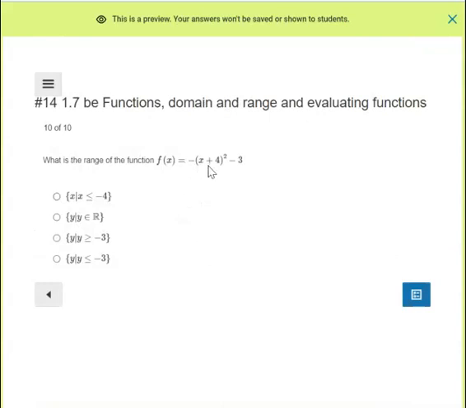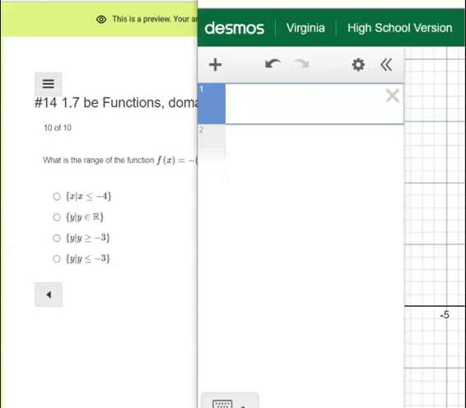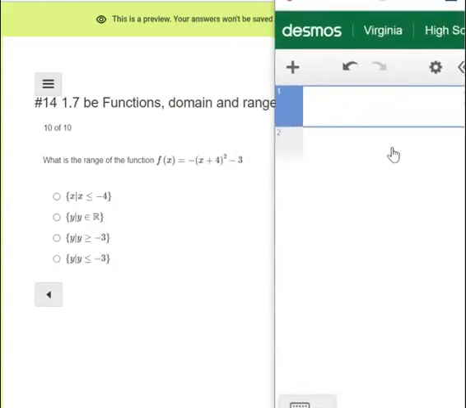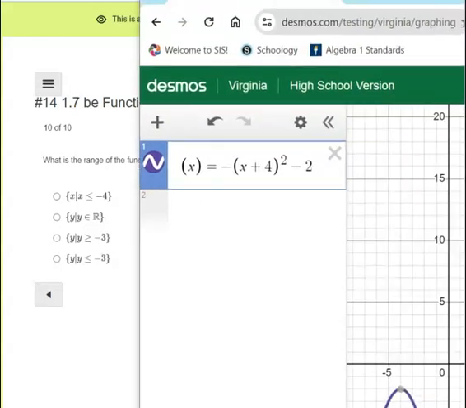What is the range of the function here? Well, I don't have a graph, so I'm going to go ahead and graph this. And we're going to look at the graph. So you have f of x equals negative (x plus 4) squared minus 3. And we're looking at the range.